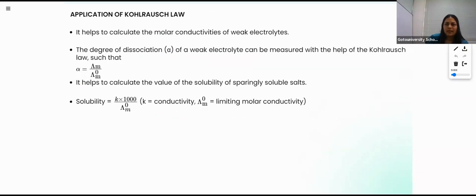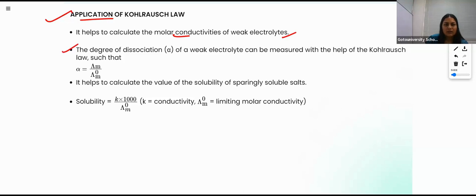Now, where do we apply this Kohlrausch's law? Why do we use Kohlrausch's law? What are its applications? First, it helps us to calculate, as we discussed, the molar conductance of weak electrolytes, by combining the molar conductivity of cations and anions separately, right?